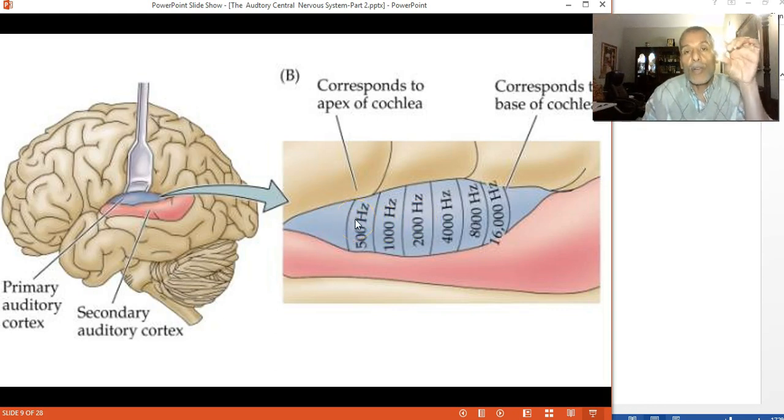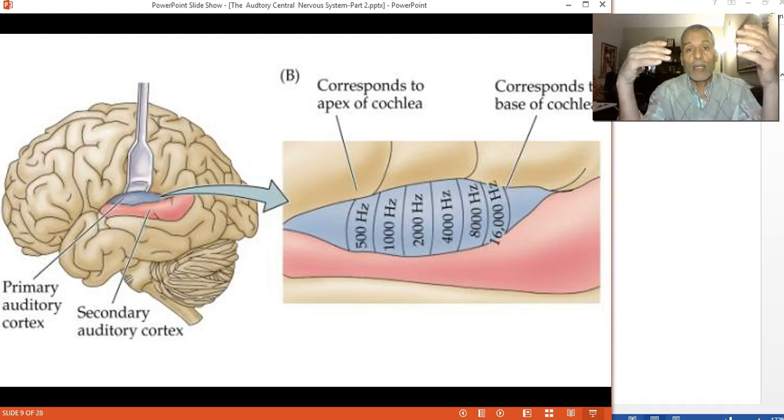It will connect correctly. And if the person doesn't get the right stimulation or doesn't get enough stimulation, that map will be altered, will not connect appropriately. And based on that, you can really look back and trace a lot of the auditory processing problems that children and adults have. You can trace it to this area.